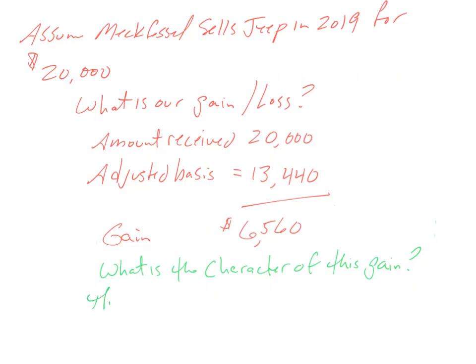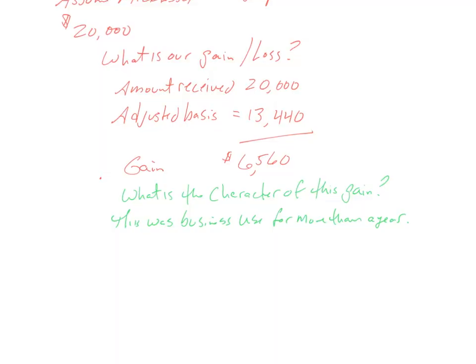So this was business use for more than a year, so it's potentially Section 1231 gain. All right. But what do we have to do?